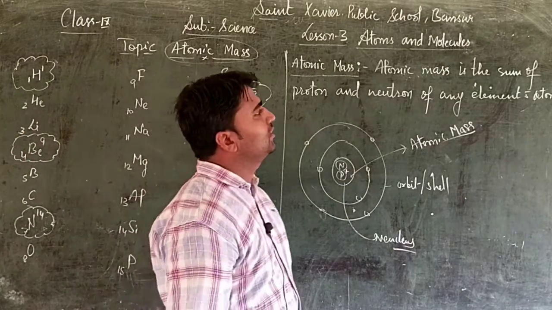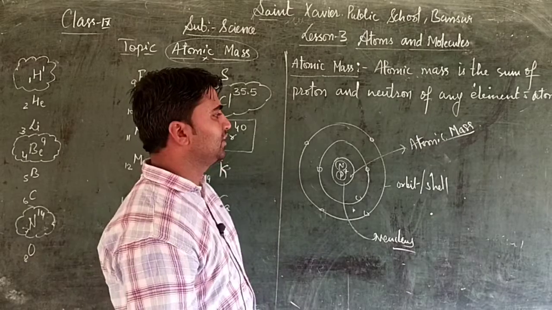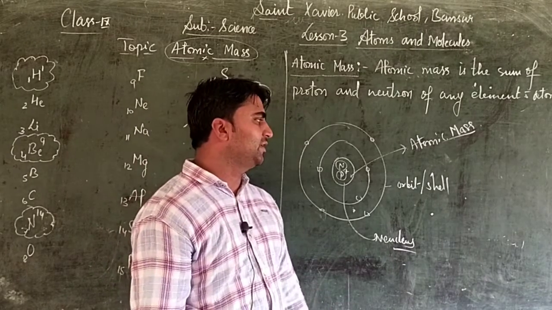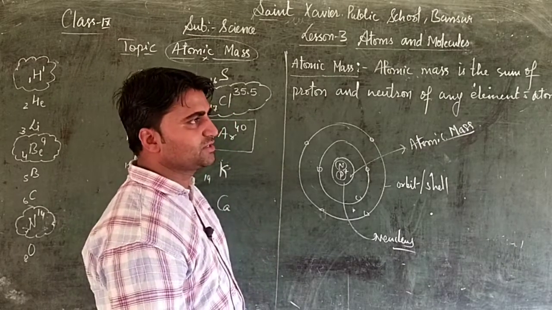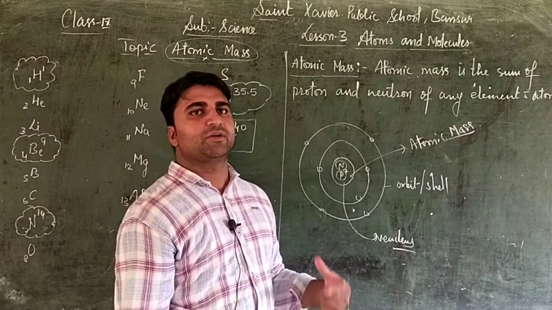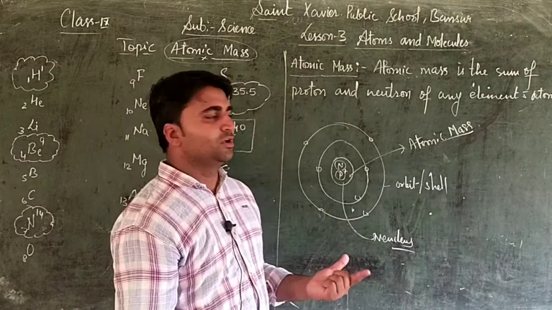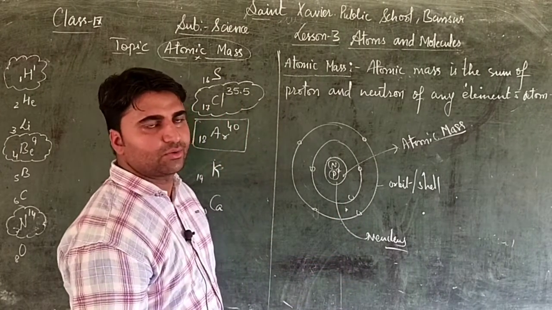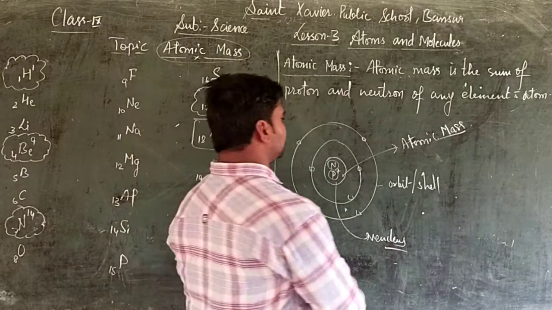According to Dalton, the atom is the smallest part, but these are also divided into smaller parts, in subatomic particles, by which an atom is constructed or made up. These are known as electron, proton and neutron.